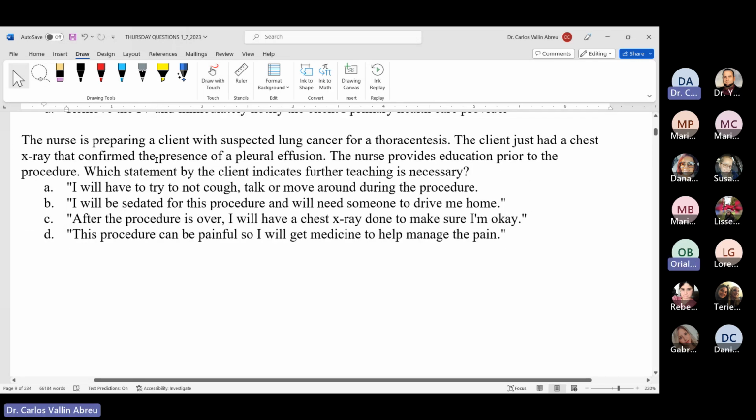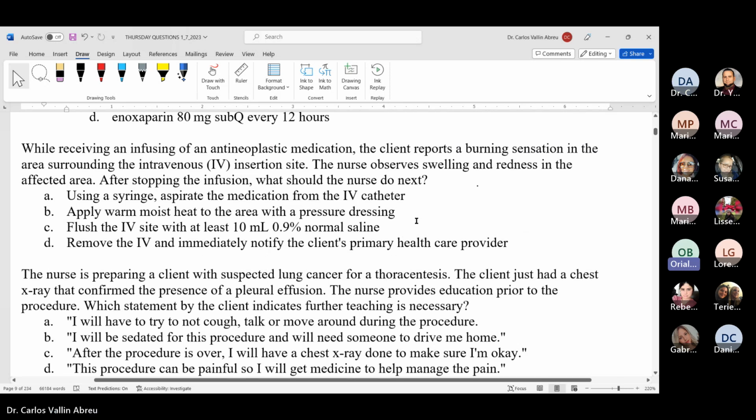Professor, in practical life, how many mLs? As much as you can. Whatever you can retrieve, remember that the catheter is not in vain.